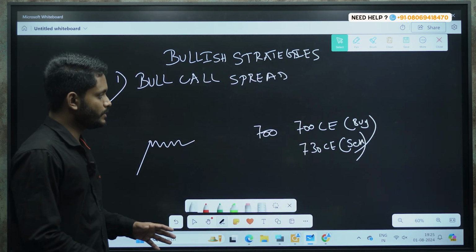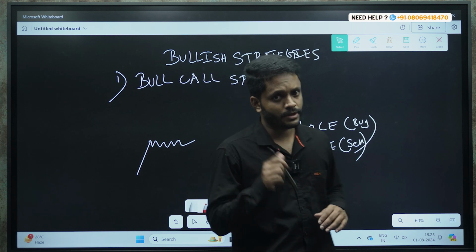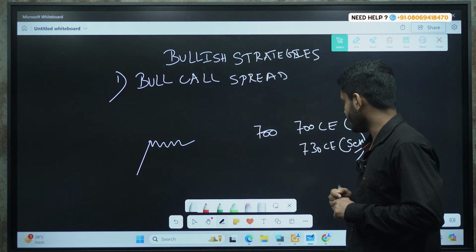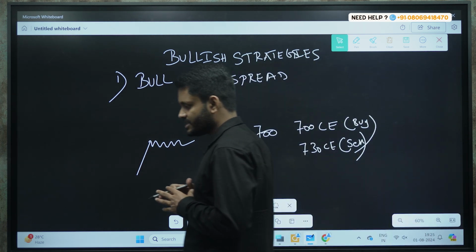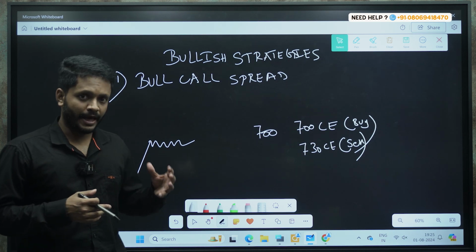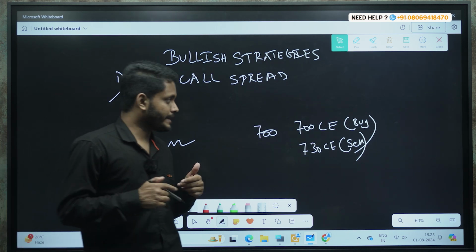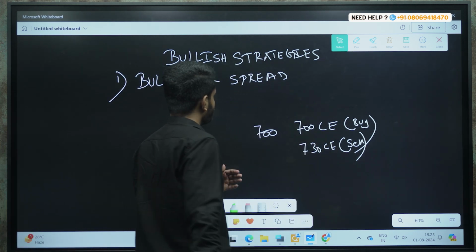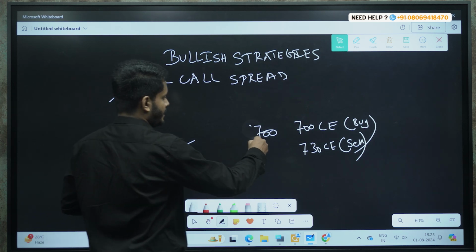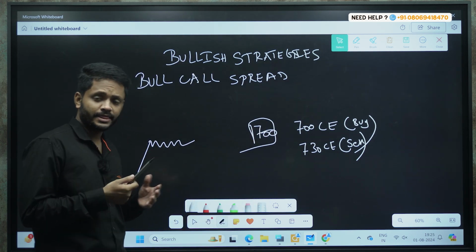How this will be helpful, we will check in the option architect. First let me explain the strategy, and then how it helps, we will check in the architect as well. Suppose your stock is trading at 700 and your target is say 730.